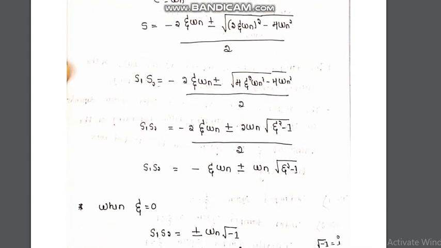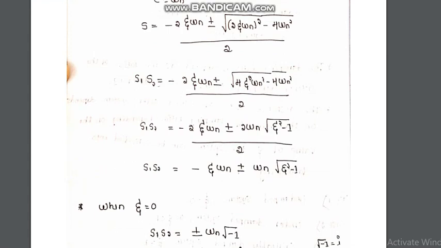Next, simplify. Because it is a second order system, we will get two characteristic roots of the characteristic equation. Two roots we will get, so I will write s1 comma s2. It is equal to minus 2 zeta omega n plus or minus square root of, we simplify this one, 2 square is 4 zeta square omega n square minus 4 into omega n square, divided by 2.